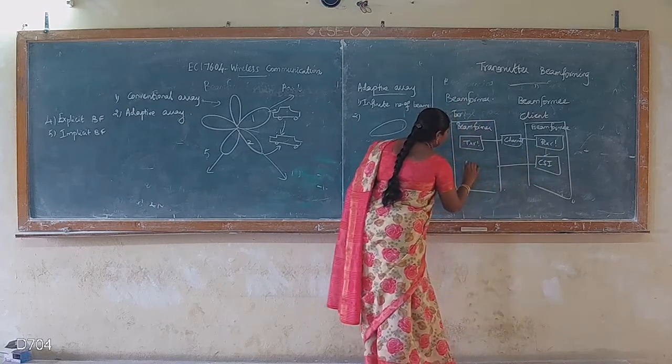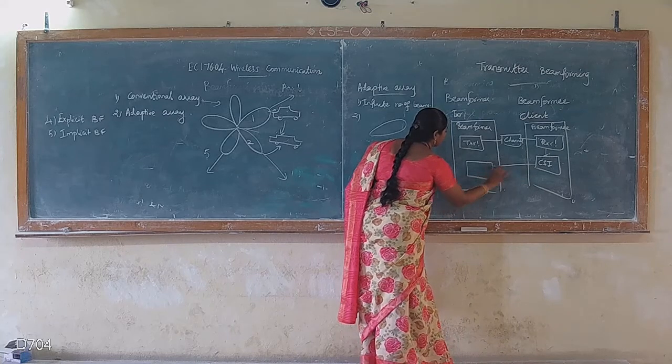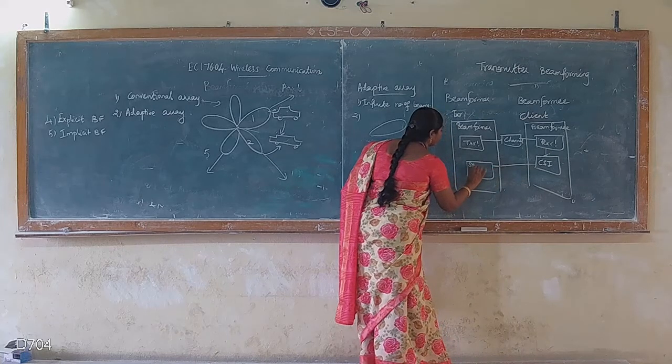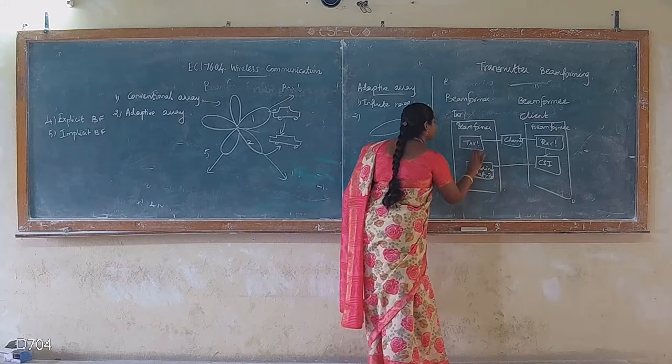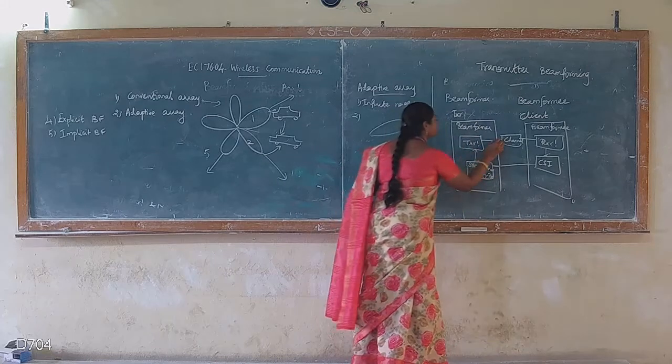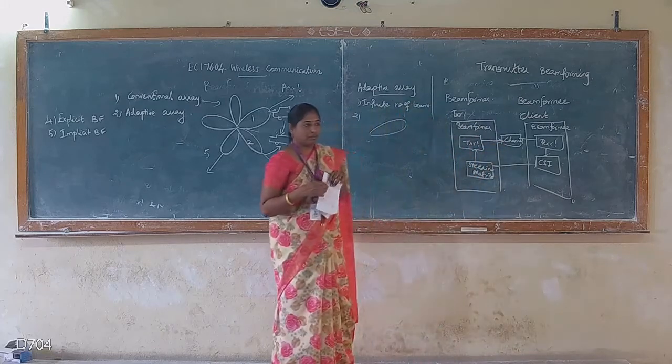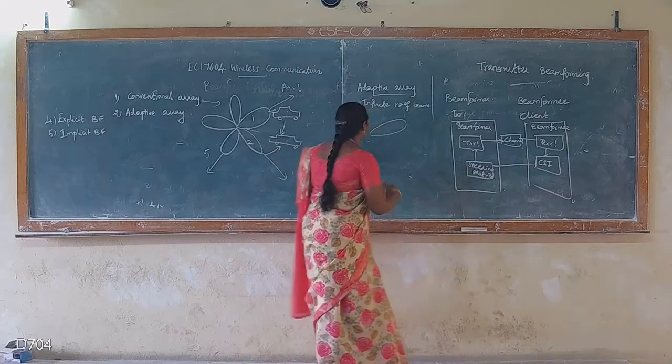Using that channel state information, the transmitter calculates the steering matrix. Now this steering matrix is used by the transmitter to rotate its beam. What is the use of this matrix?